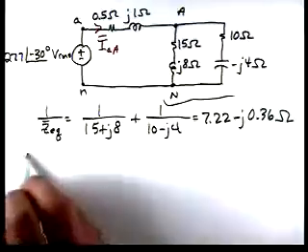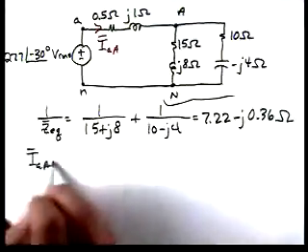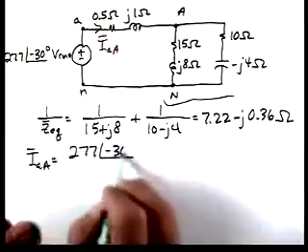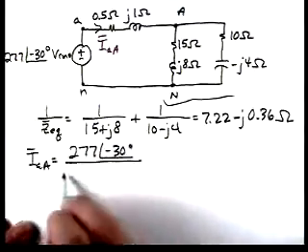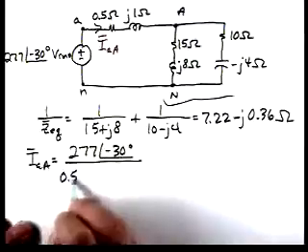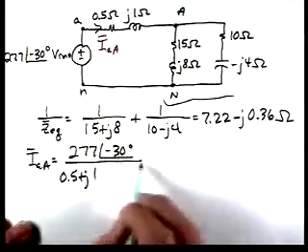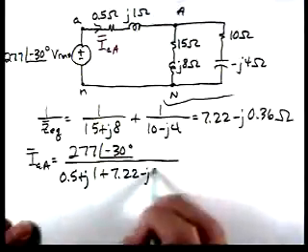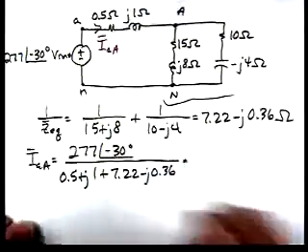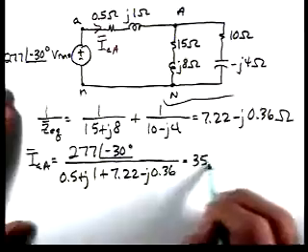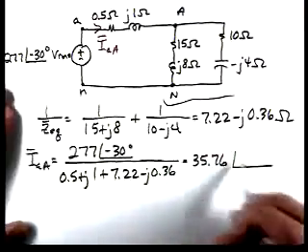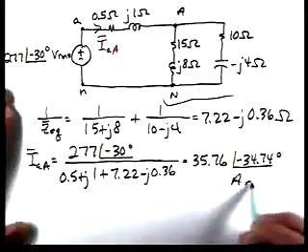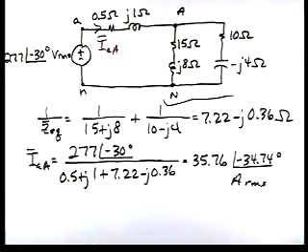Then our current is 277 at an angle of minus 30 divided by 0.5 plus J1 plus 7.22 minus J0.36, and that gives us 35.76 at an angle of minus 34.74 degrees amps RMS.